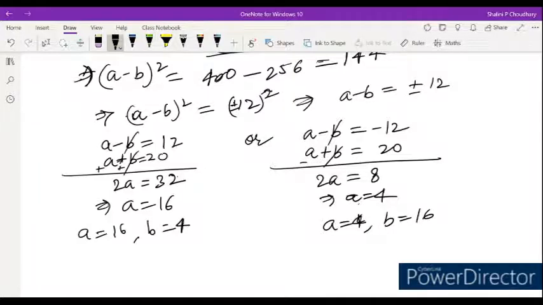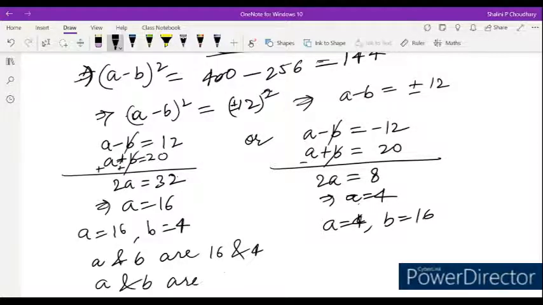So these are the two cases: either a and b are 16 and 4, or a and b are 4 and 16, respectively. So these can be the values.